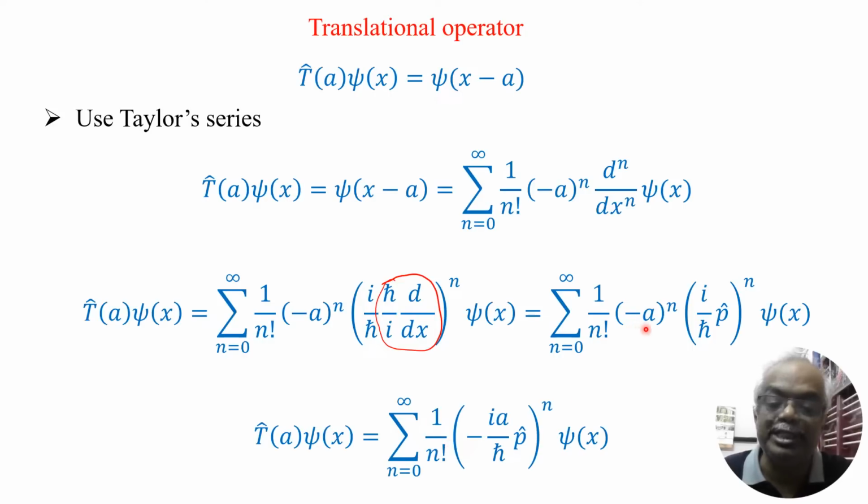Now I am reducing it further. I am bringing this term inside this bracket, minus a also inside this bracket. So this will become summation over 0 to infinity, 1 over n factorial, minus i a over h cross p hat, whole thing to the power n, psi of x.